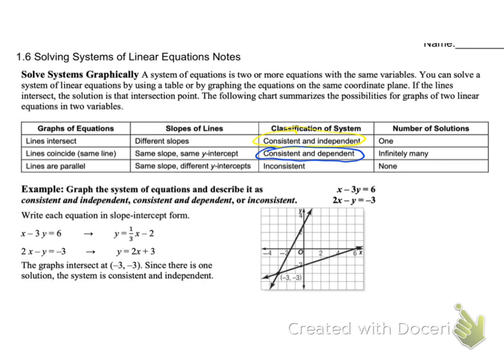If the lines are parallel, they never cross, there's no solution, and we say they are inconsistent. In the first example on the graph, you can see they intersect at (-3, -3). That would be the solution. There's one solution, so it's consistent and independent.